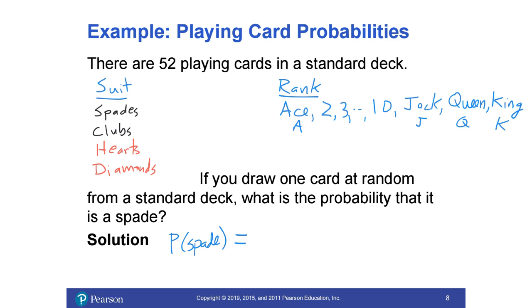Well, there are 13 spades, so there's 13 ways that you can draw a spade. You'll either get the ace, 2, 3, all the way up through king. You'll get one of those spades, so 13 ways, and there are 52 total possibilities. So the probability you'll get a spade is 13 over 52, which reduces to 1/4.